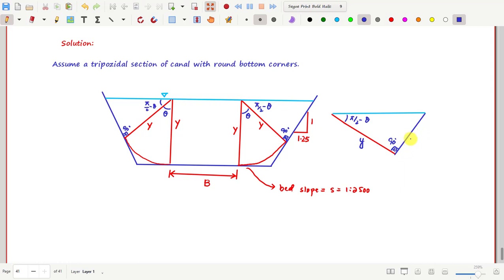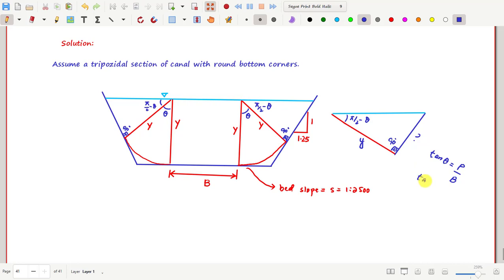So as we have found that we need to find this side, right? And what is this? If we use the trigonometric ratio tan theta, what will this be equal to? Tan theta is equal to perpendicular upon base, right?